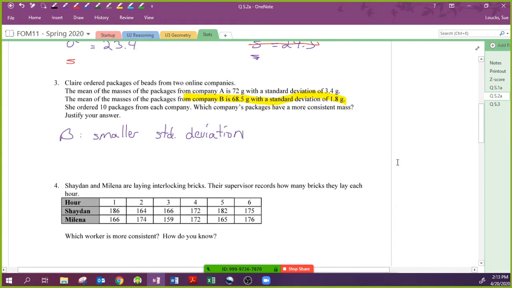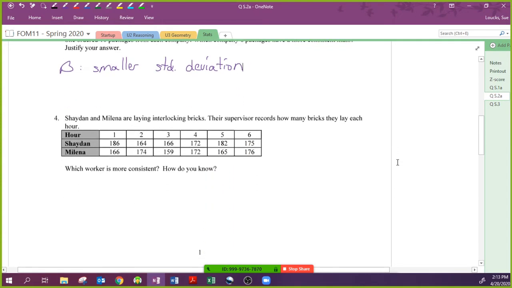And for question 4, it's the same. It's just one more baby step because you have to calculate the standard deviation for each. So for Shaden, the standard deviation, and we're always going to use sigma in this course, is 7.925. And for Melina, it's 5.878.